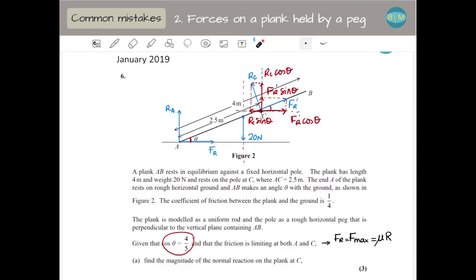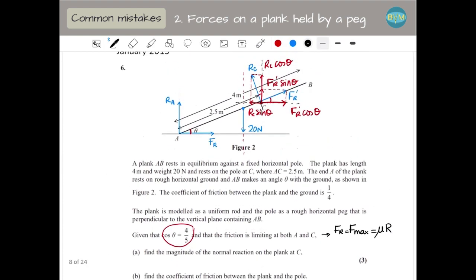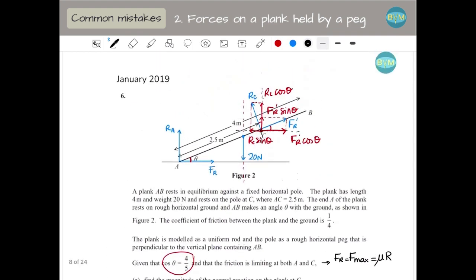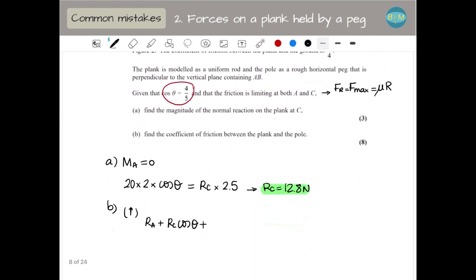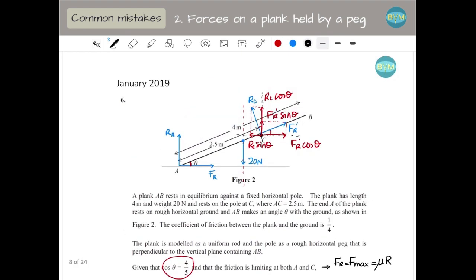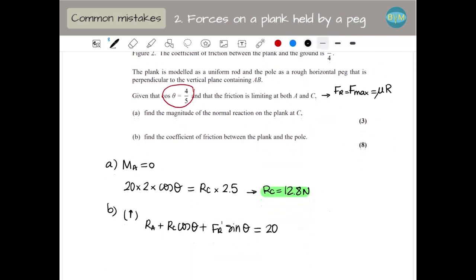So RA plus RC cos of theta, plus the small red one, friction sine of theta, is going to equal the one pointing down, which is only 20 newtons, the weight of the plank. So I have one equation here.